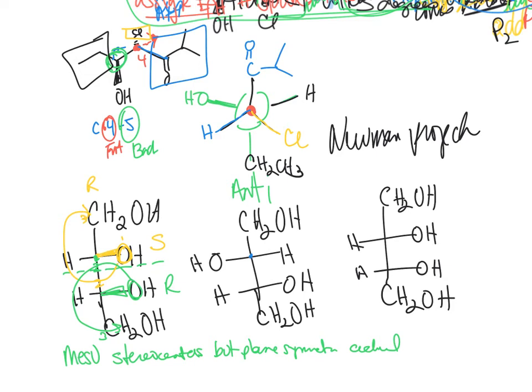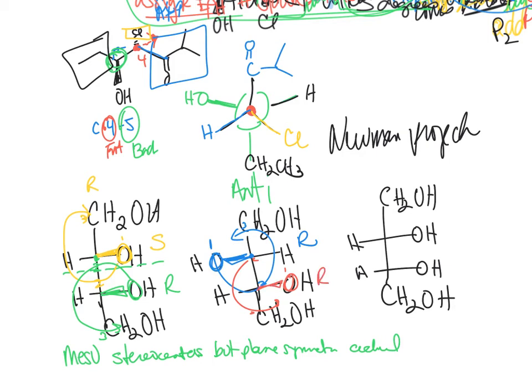Now this one here, here's the 1, 2, 3. So that would be S, but this is coming at you, so that's R. And then if you name this one 1, 2, 3, S, but it's coming at you, so that's R. Okay.